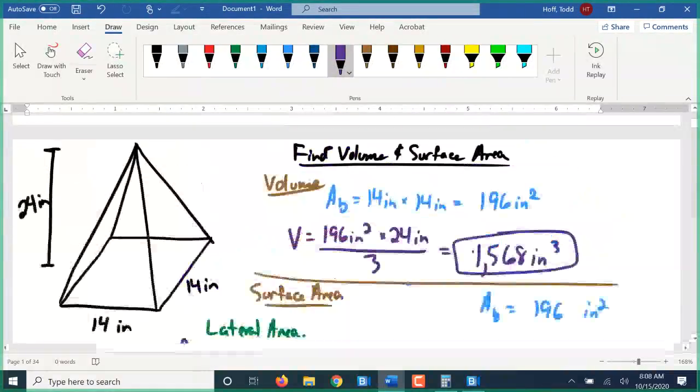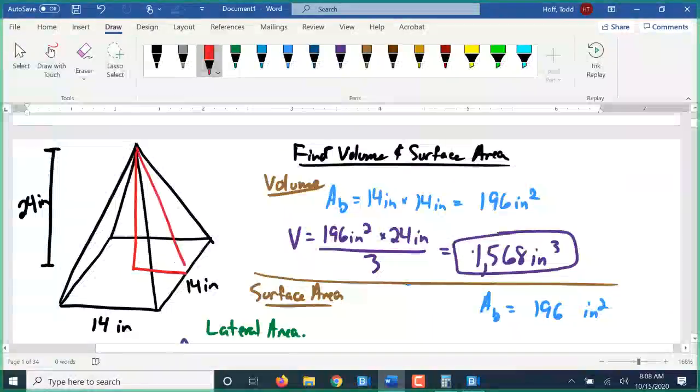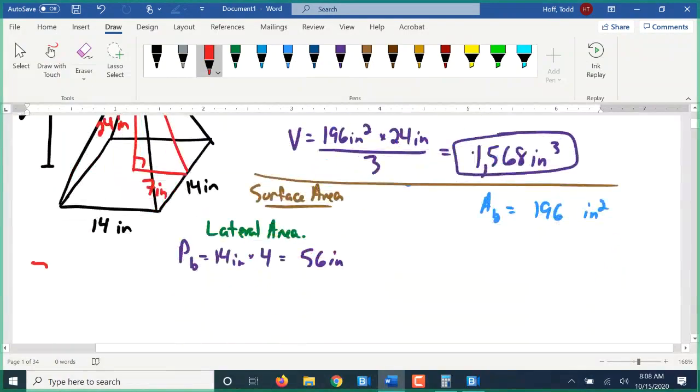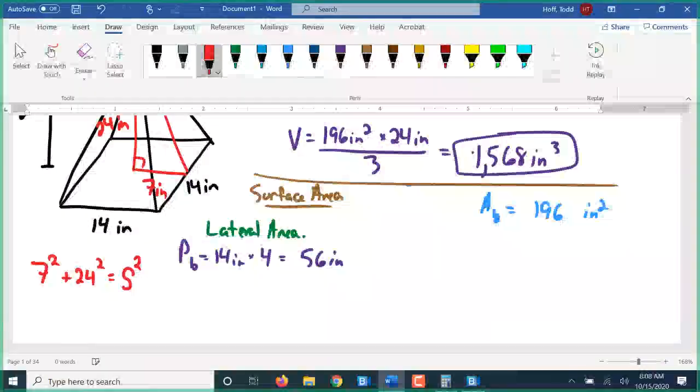But we also need the slant. This is going to be 7 inches, half of our 14-inch side. This is still 24 inches of height. That slant will be found doing 7 squared plus 24 squared equals that slant squared, giving us that the slant is 25 inches.